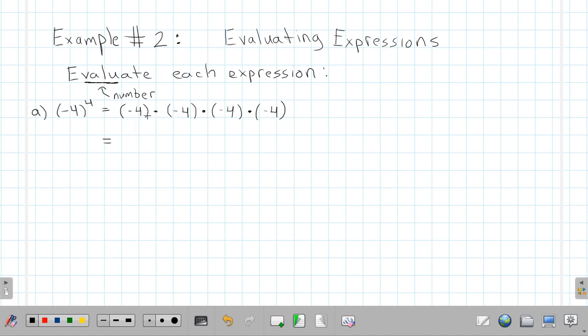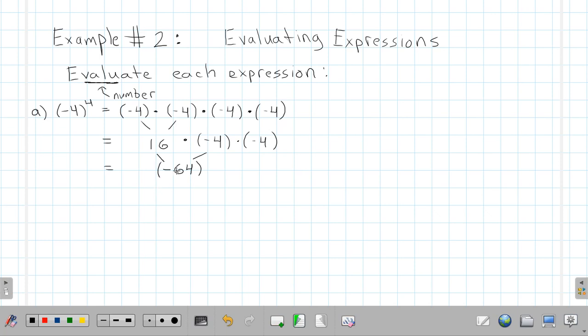The first thing we have here is -4 times -4. If we do -4 times -4, that is +16. We still have the times -4 times -4 here. So let's simplify the next part. 16 times -4. That's a positive times a negative, so this is going to be -64.